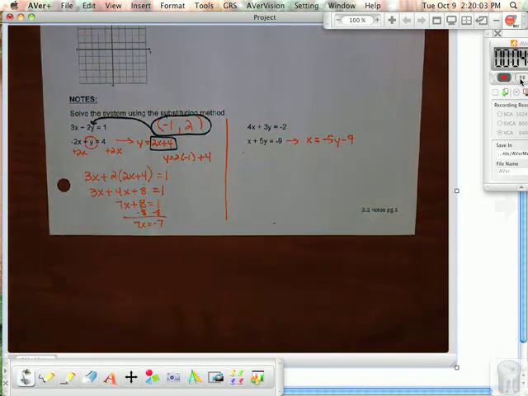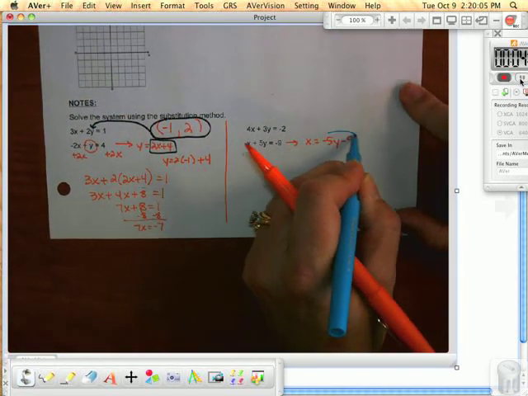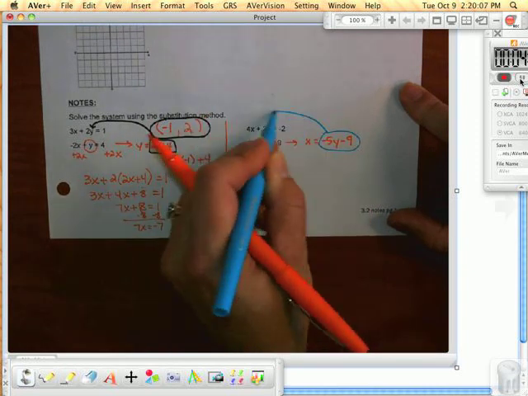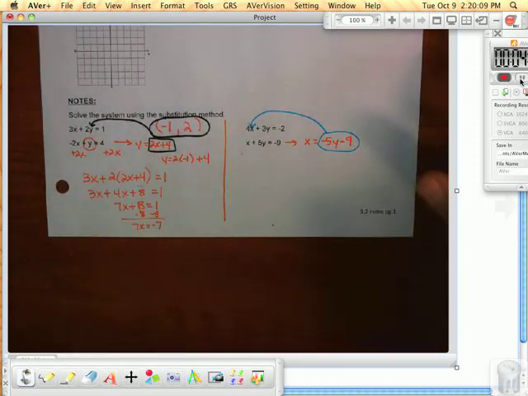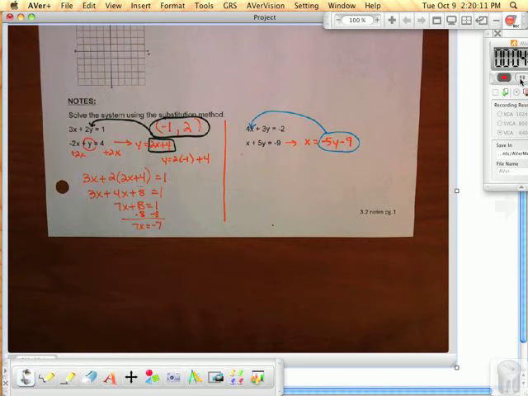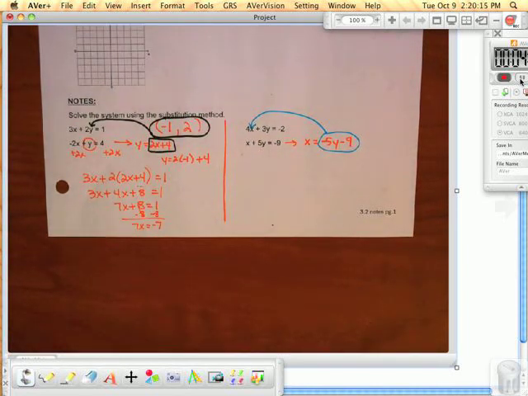So now I'm going to take x and substitute it into here where x is. Ladies and gentlemen, why would I not take this and put it back in here? Because these two are the same equation. It wouldn't make any sense to put it back into the same equation. You have to take it and put it in the other equation. So now I'm going to do that.